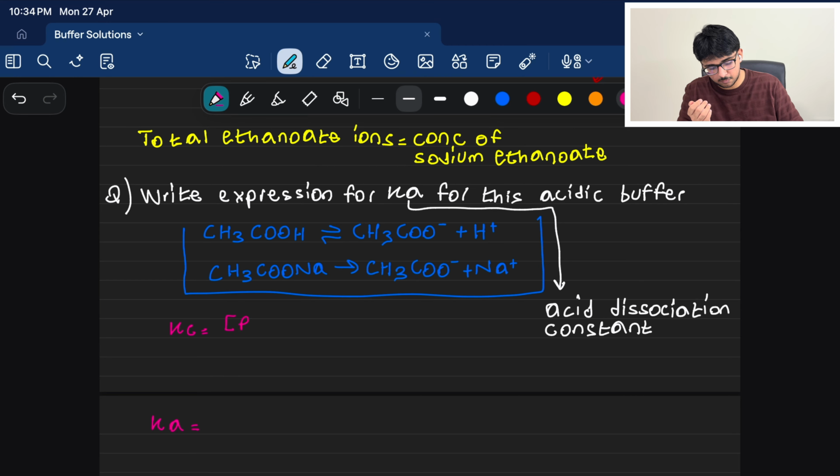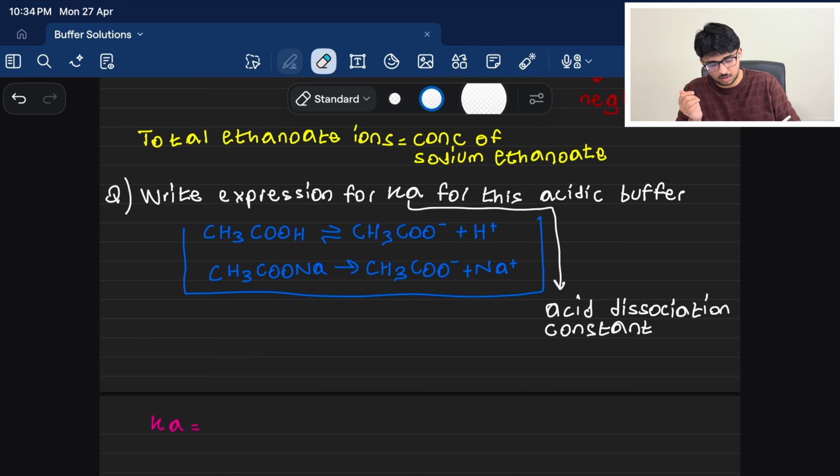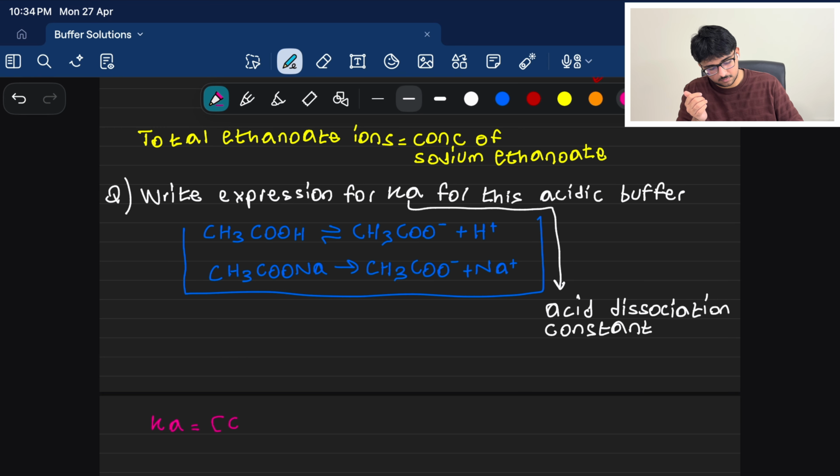It's the concentration of products divided by the concentration of the reactants. Same case here. So for Ka, write the concentration of the products first. So the first bracket is going to be CH3COO minus. Also, please just use square brackets, because remember, square brackets are actually mole per decimeter cube.